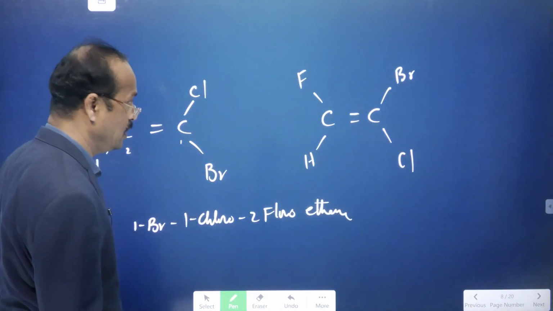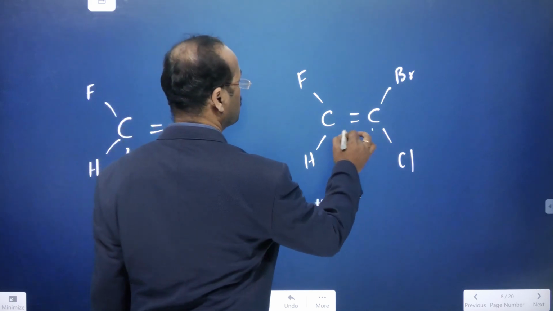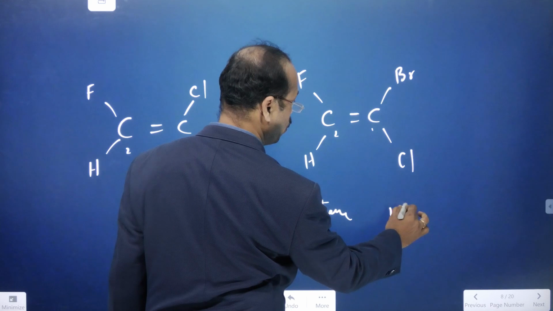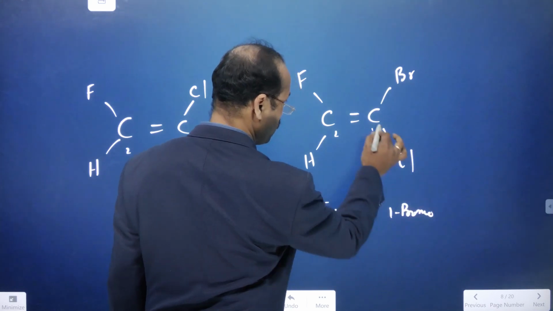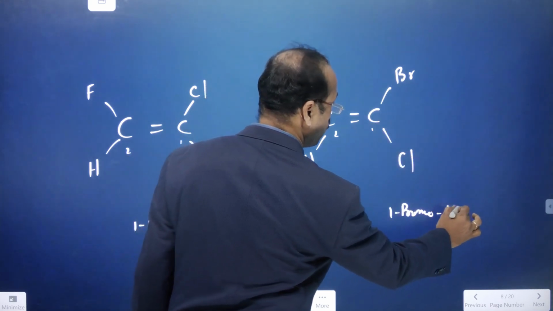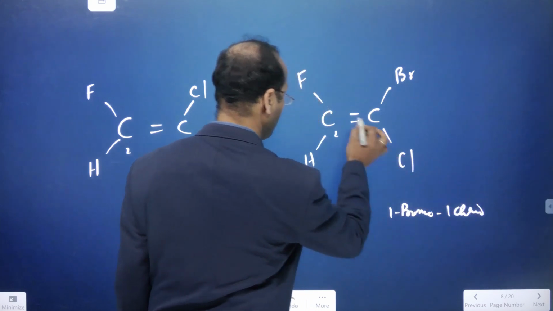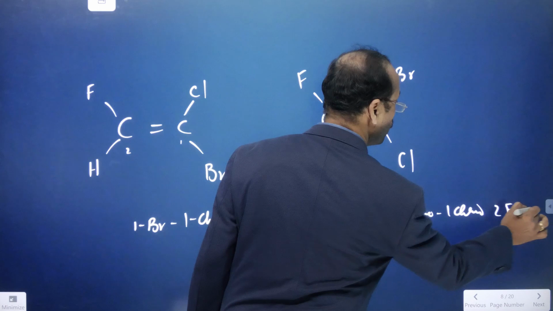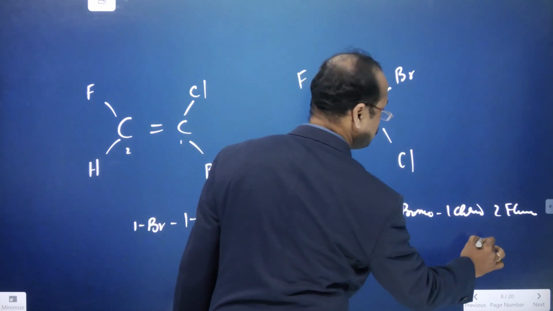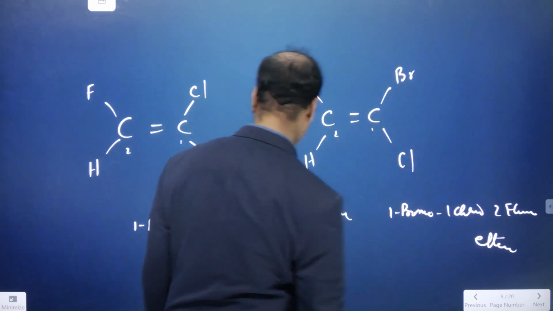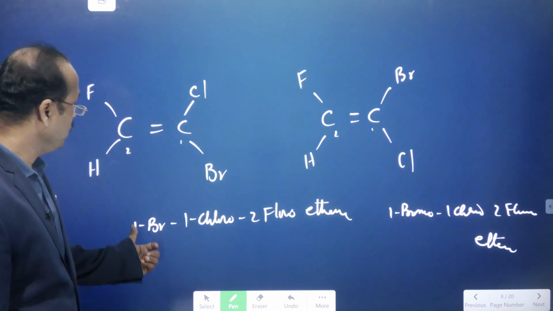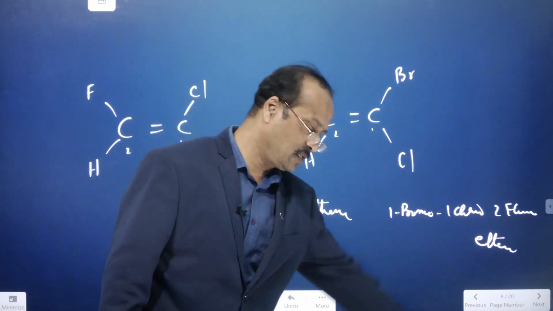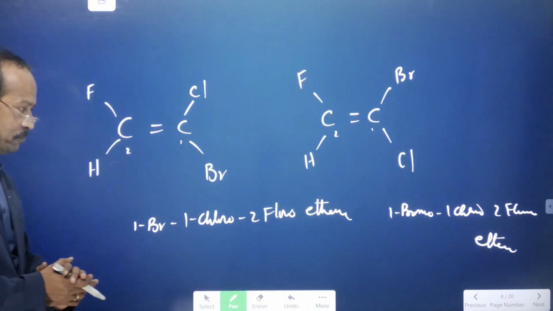Taking the first carbon, bromine is there, so 1-bromo, and chlorine is also there, 1-chloro. For the second carbon, fluorine is there, 2-fluoro, ethene. So again 1-bromo-1-chloro-2-fluoroethene.